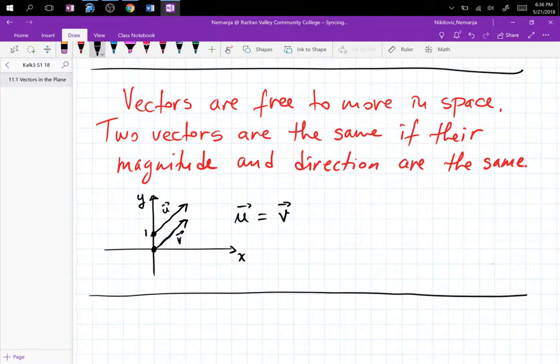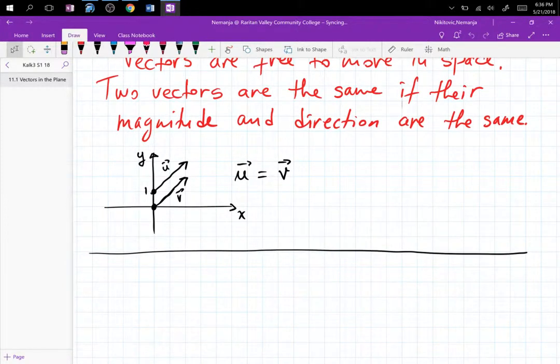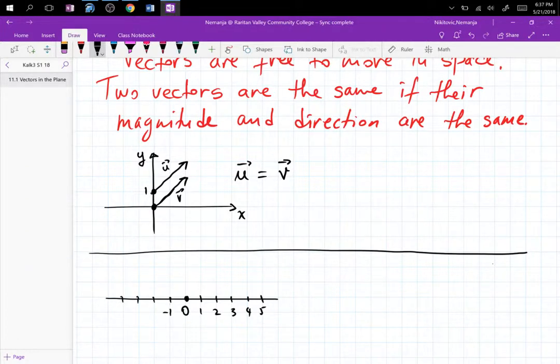Now, you can also think of vectors as multidimensional numbers. You see, in the 1D space, on the number line, which is 1D space, I still have vectors. And if I keep 0 as the point of origin of every vector, I can have positive and negative numbers explained very well using the vectors.